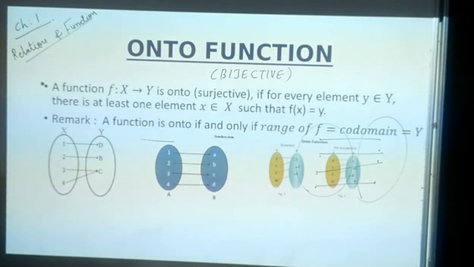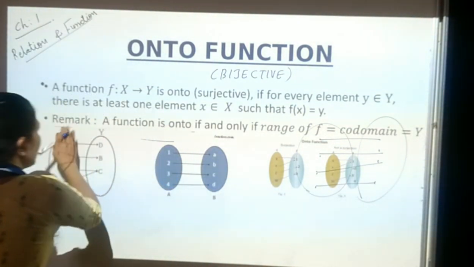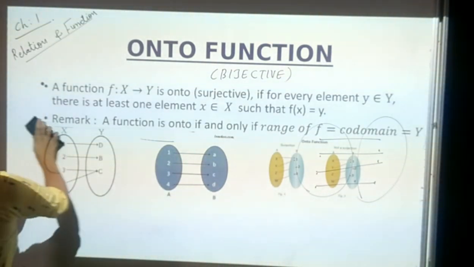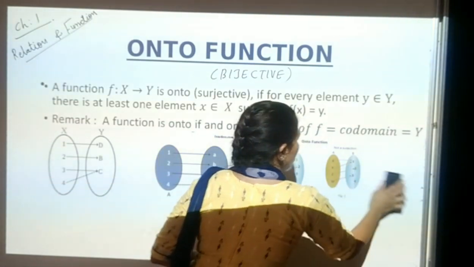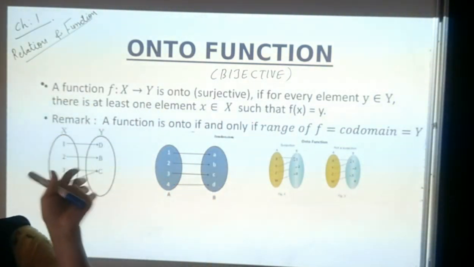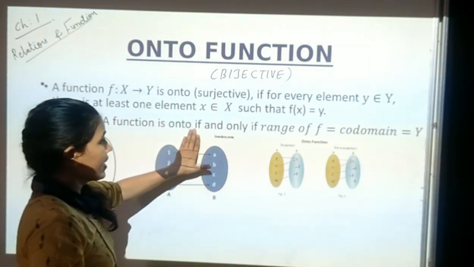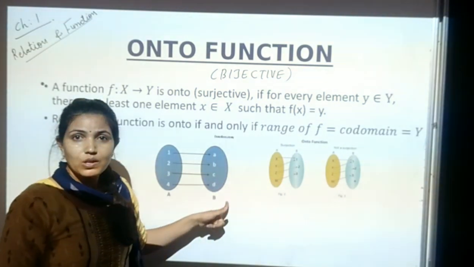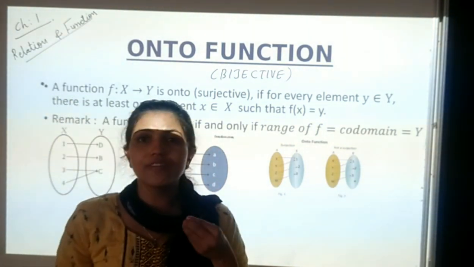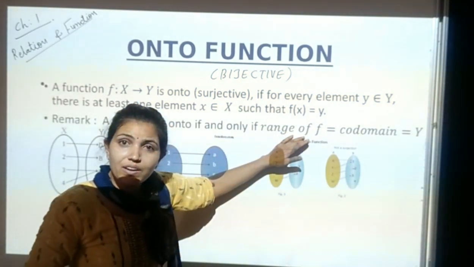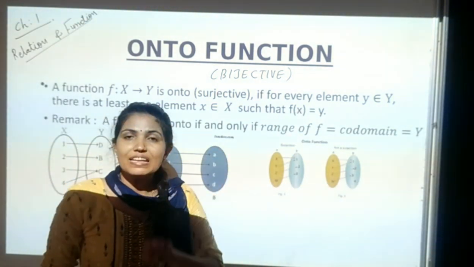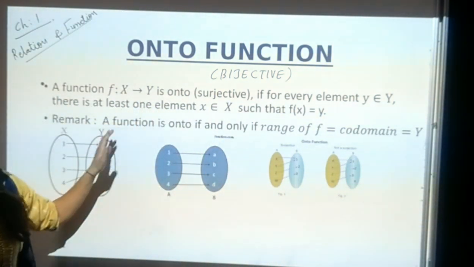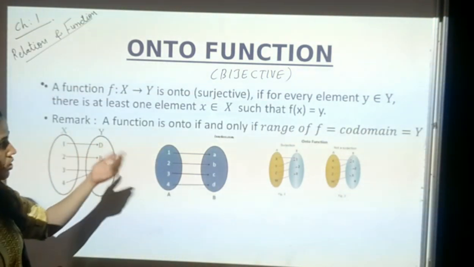The remark is the last one: a function is onto if and only if the range of the function is the codomain Y. That means when is a function called onto? When you find the range of a function, you get the whole codomain. So whenever we have to prove ontoness, we will check whether the range and codomain are equal. If range and codomain are equal, then your function is onto. This is called the remark, and it is useful to us for the next topics.